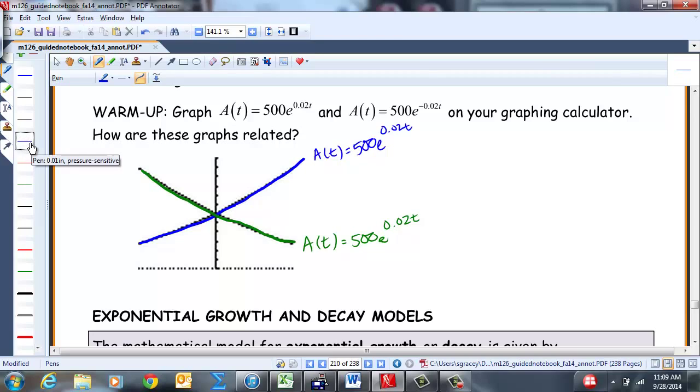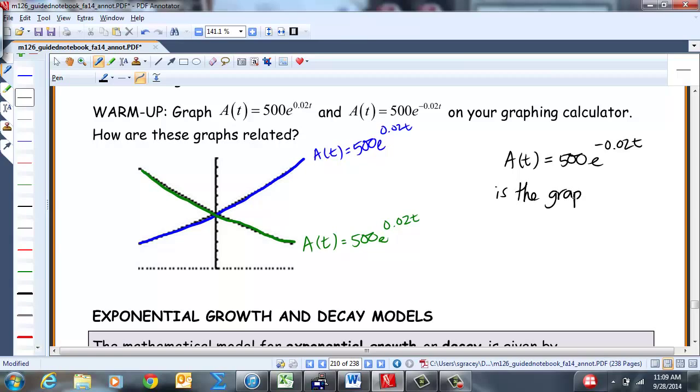So A at t equal to 500 times e to the negative 0.02t is the graph of A at t equal to 500 e to the positive 0.02t reflected about the y-axis.